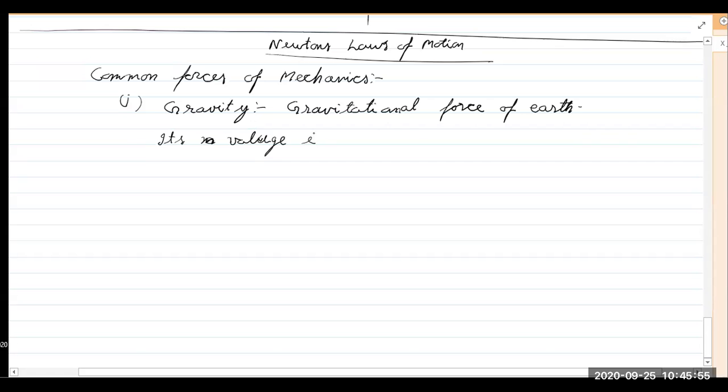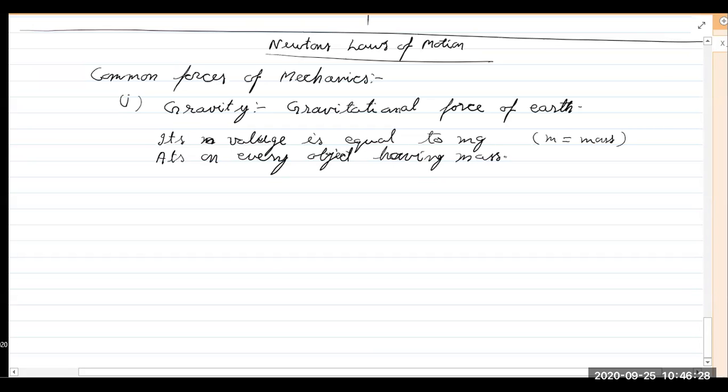Its value is equal to mg, where m is the mass of the object, mass into g. The more massive the object, the more this force. This force acts on every object having mass.